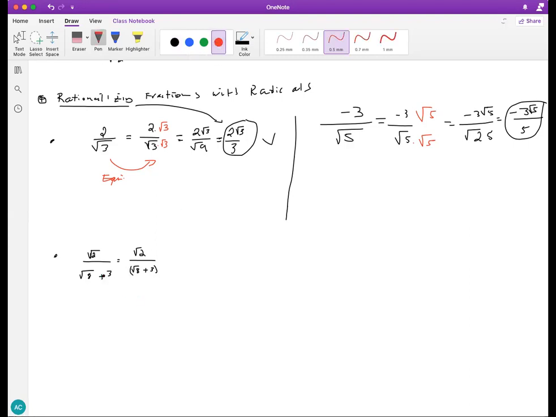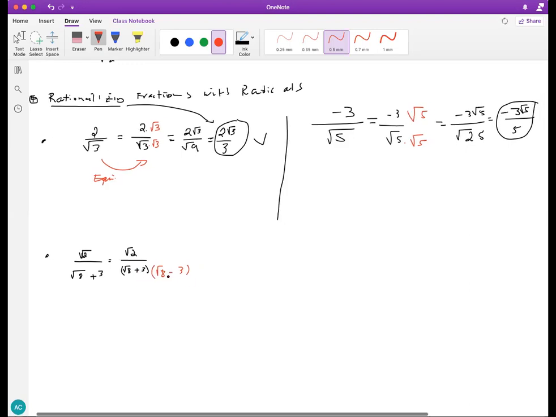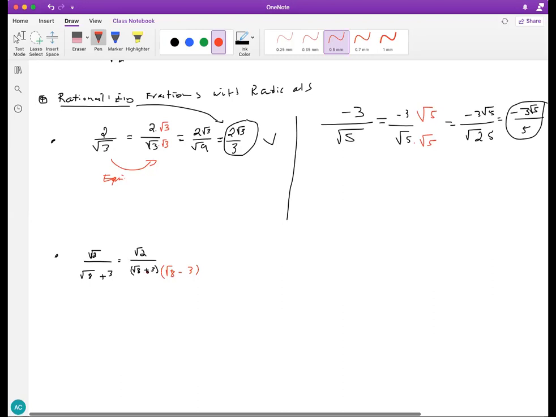To get rid of the radical from here, you take this and you times it by itself, but with a little change. Instead of the plus, we're going to use a minus. So you times the denominator by its own, but we change that plus into a minus. Or if it's a minus, you change it into a plus. Of course, do the same thing at the top. Same over here, radical 8.